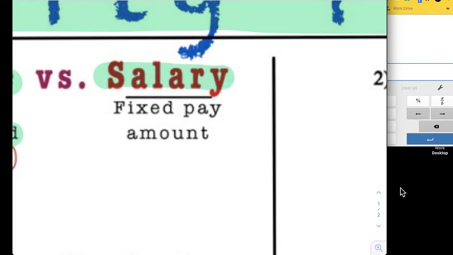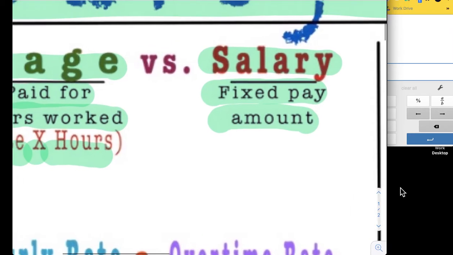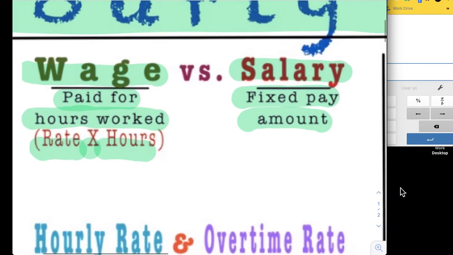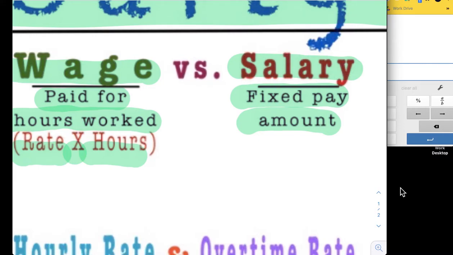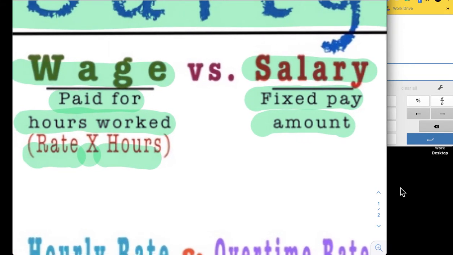Salary is somebody that has a fixed pay amount. That means that person can work 40 hours a week or they can work 60 hours a week. They get paid the same amount of money, right? Usually it's a contract. A lot of athletes get contracts. They have salaries.